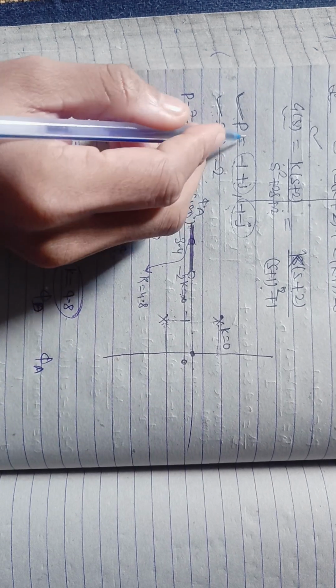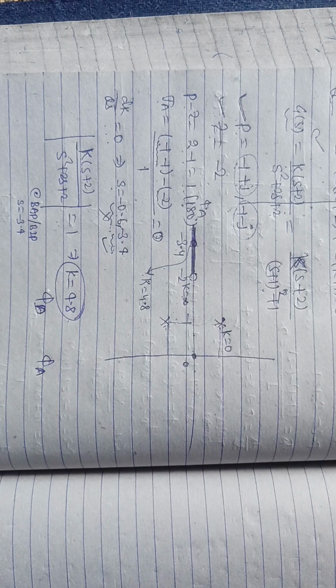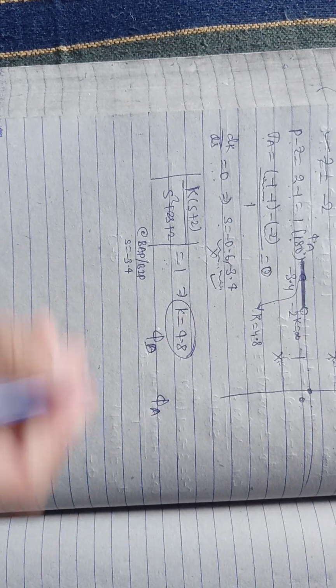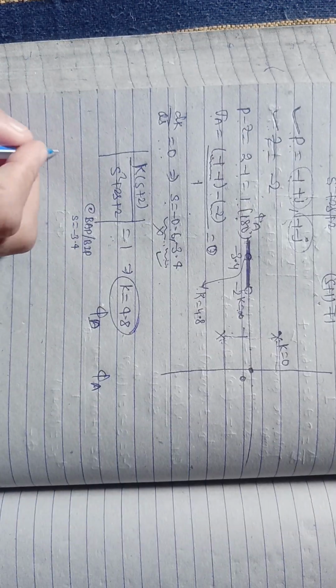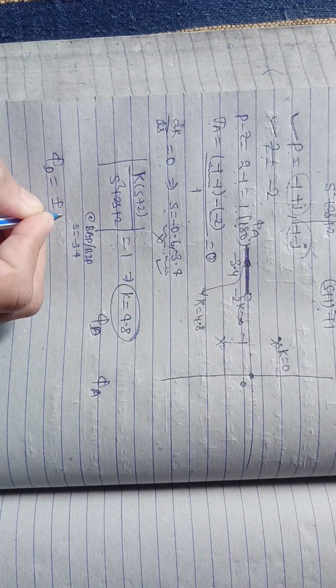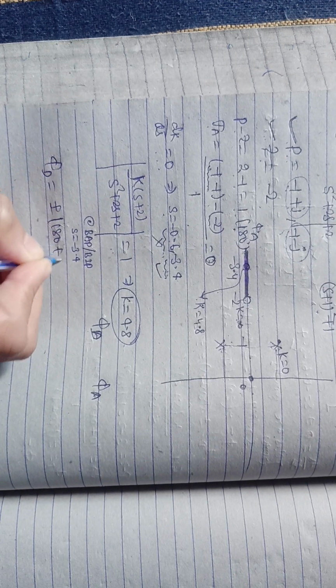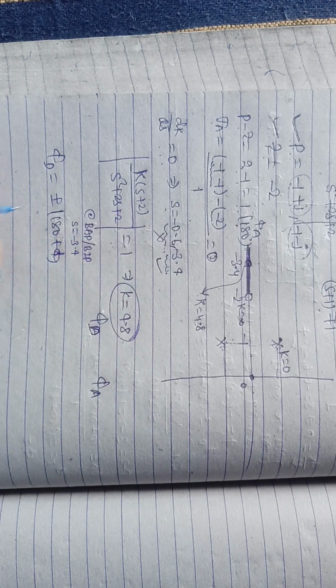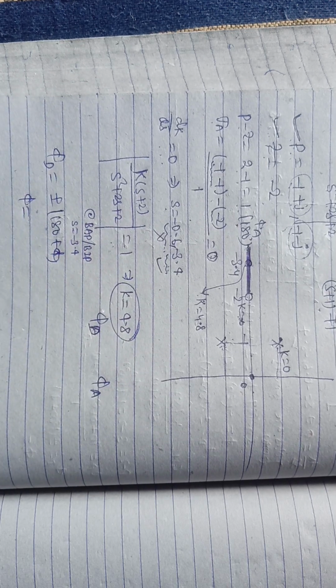Okay, so here poles are complex, so we have to find the angle of departure. The angle of departure is plus minus 180 degree plus phi, and phi is the net angle contribution.